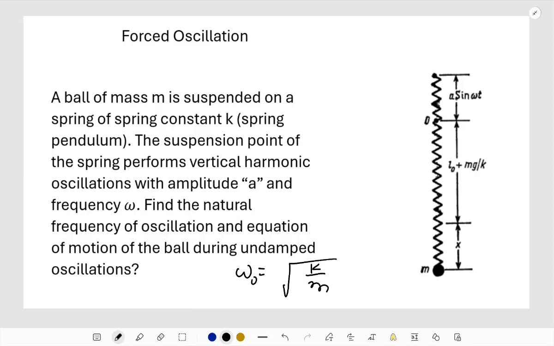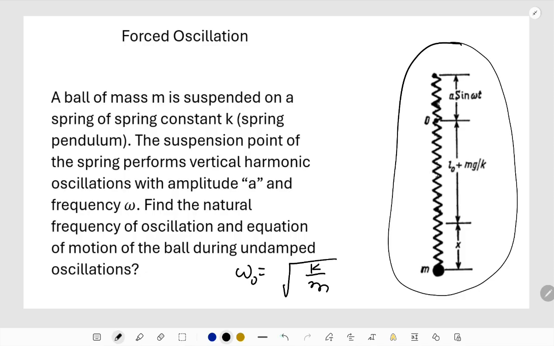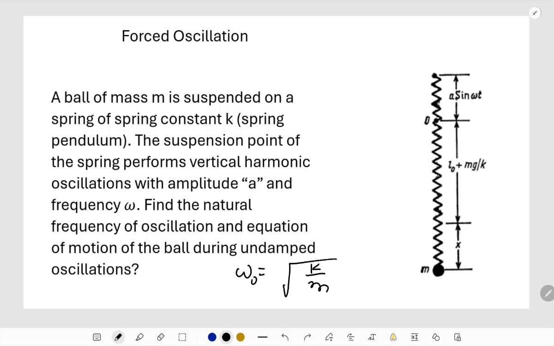And I have drawn a picture of this oscillation at any time t, and you can see it. I have shown that at any time t, this point of suspension has moved a distance A sine omega t.